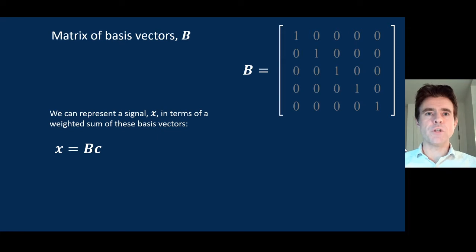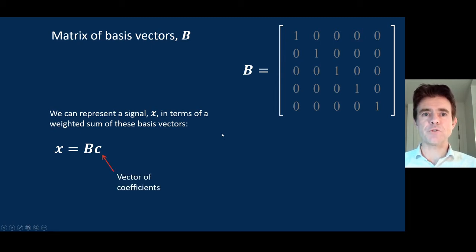Okay, so what we're trying to say then is that we can represent any function, any signal x in terms of a weighted sum of those basis vectors. So we're going to be finding, or in this first instance, we're going to be using a coefficient vector c to weight each of the columns in that basis function matrix to reconstruct or to synthesize that original signal stored in a vector x.